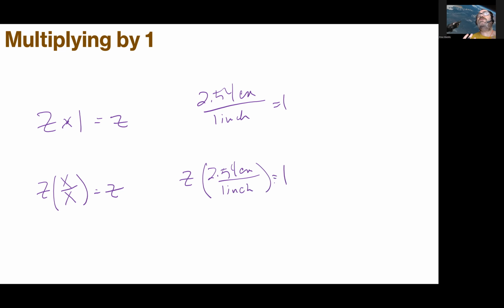We didn't change the value or the meaning of z. We've just changed the way we've represented the value. Okay. So when we're doing this, we're going to end up doing things that look a little bit like this.